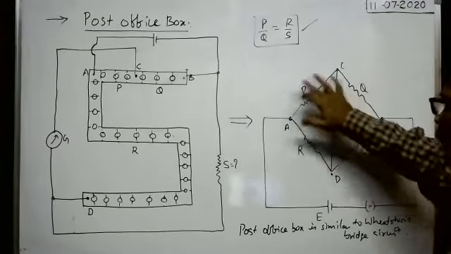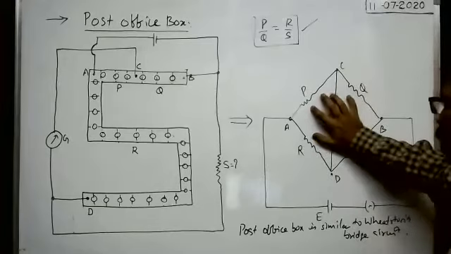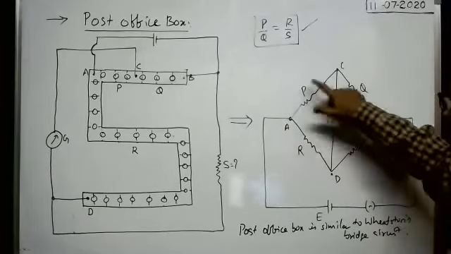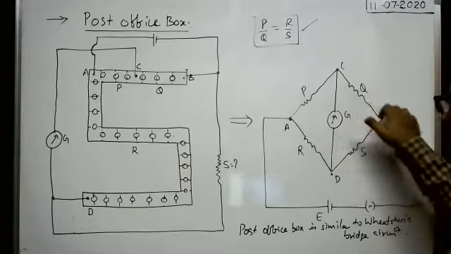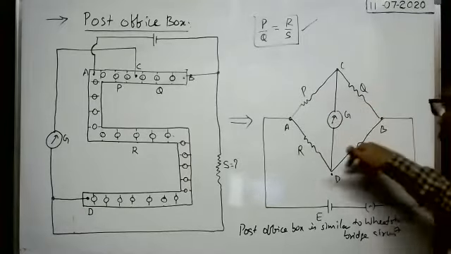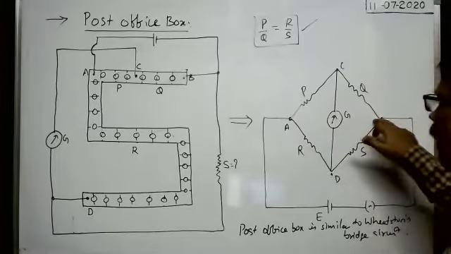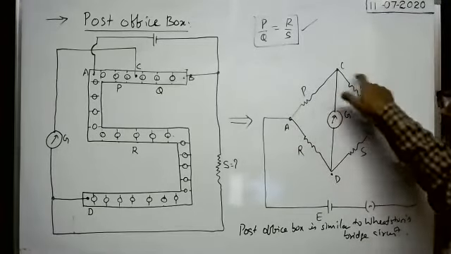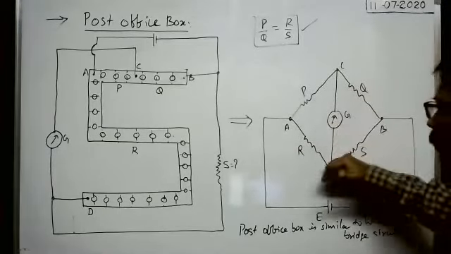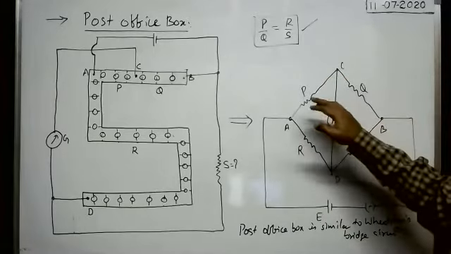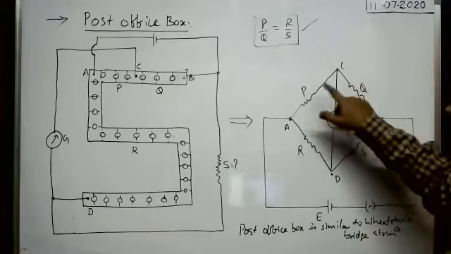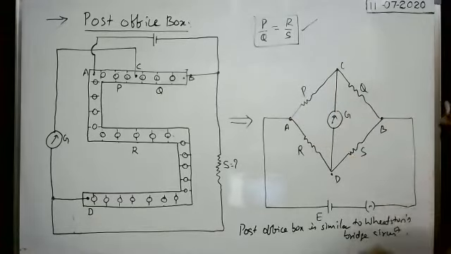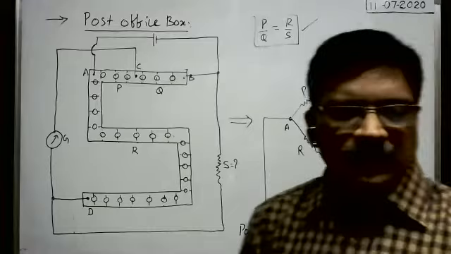When you ignore them, between A and B, P and Q are in series, and R and S are in series. The effective resistances are R1 equals P plus Q and R2 equals R plus S. As they are in parallel between A and B, the effective resistance between A and B is R1 R2 by R1 plus R2, where R1 means P plus Q and R2 means R plus S. In this way, we can find the effective resistance.